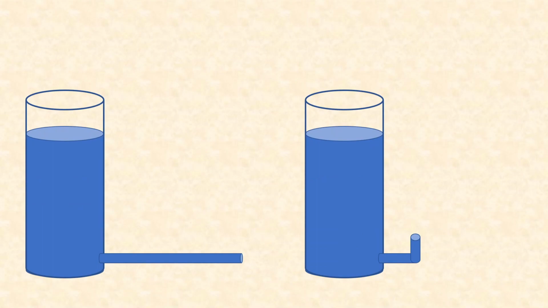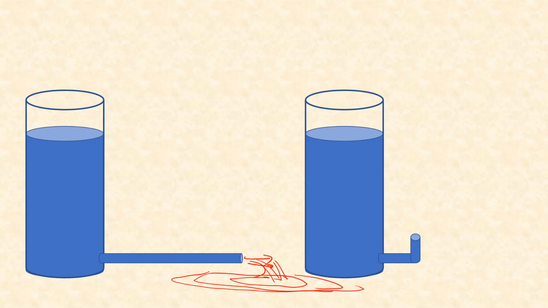Now let's take another example. What if instead of carrying water from one tank to another, the pipe is open at the other end? That means water is simply allowed to flow out into the atmosphere. What will happen here is the water will fall on the floor, and on the floor it will spread out, and because of friction after some time the spread will stop.